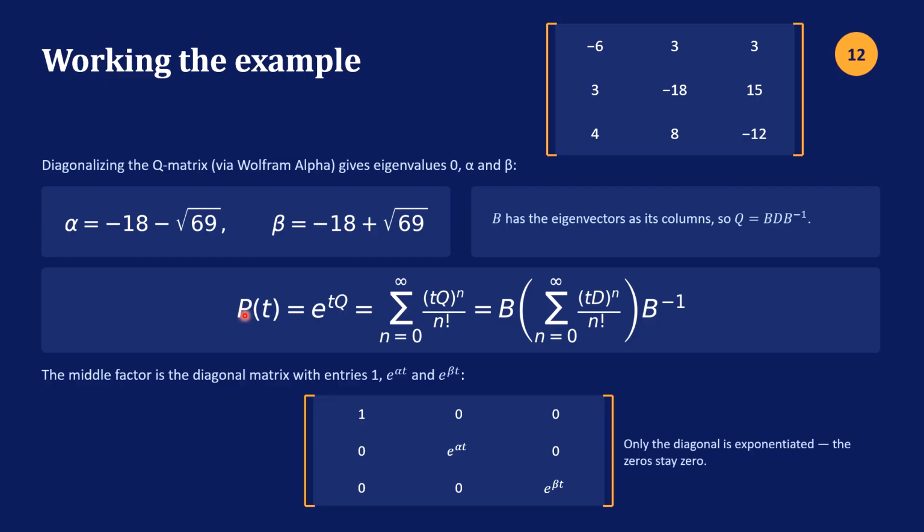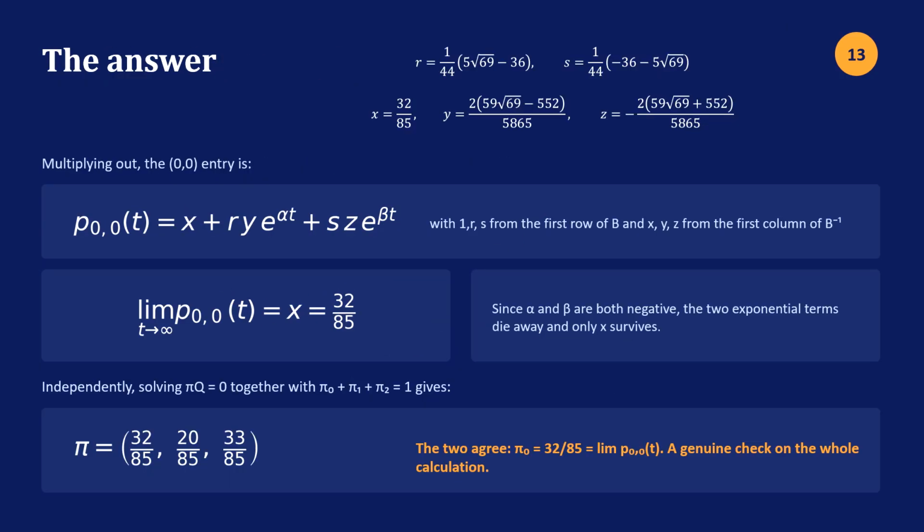Okay, so I didn't write out the B. It's kind of long, but I used a row and a column of B to compute one of the entries in this matrix on the next slide. We don't need all of B or B inverse to compute just one entry here, which is what I wanted to show. You can see it's kind of ugly.